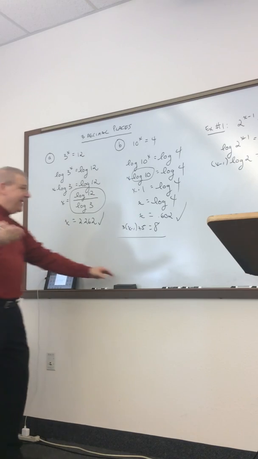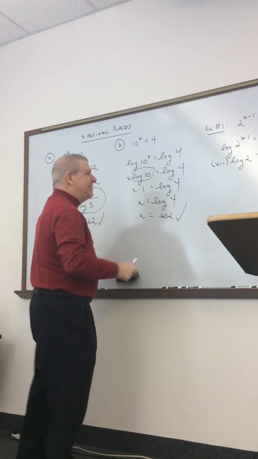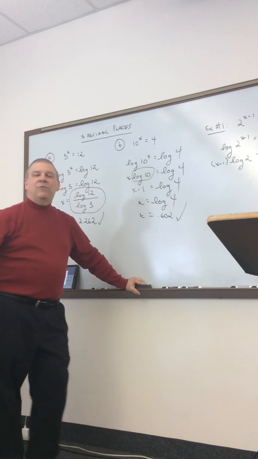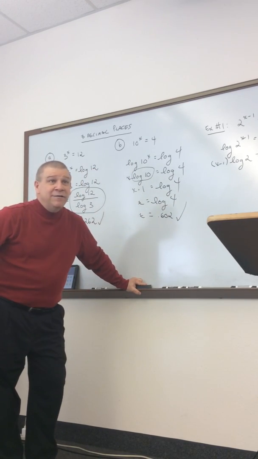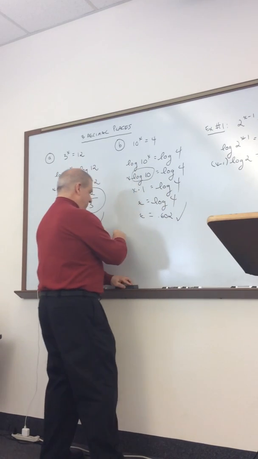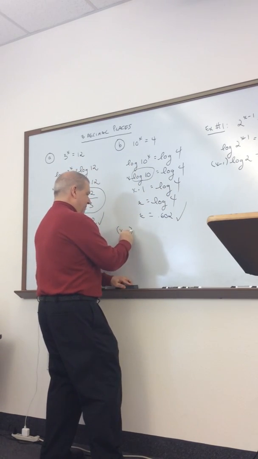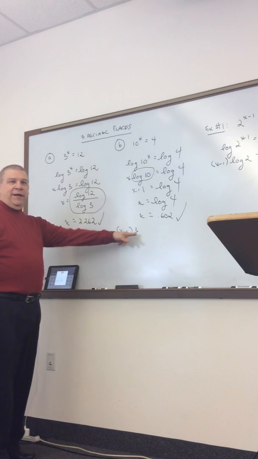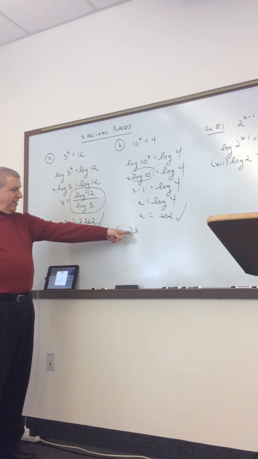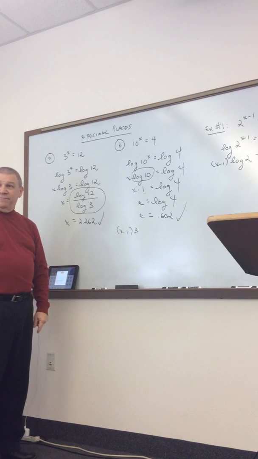You distributed. My God. Look over here. See this log of 2? What is that? It's a number. Doesn't it represent a number? Look, let's say that was a 3. Now, you don't normally see it after, but it means the same thing. Wouldn't that be 3x minus 3?